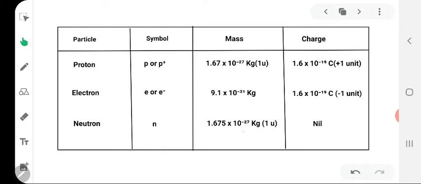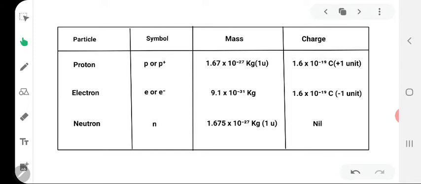It has a very negligible mass, that is 9.1 × 10^-31 kg. Charge is equal to that of a proton, 1.6 × 10^-19 coulombs, but it carries a negative charge, so it is -1 unit. Neutron, denoted by n, mass is roughly equal to that of a proton. As you can see, it is 1.675 × 10^-27 kg, approximately equal to 1 u, but major difference, it is a neutral particle, it carries no charge.